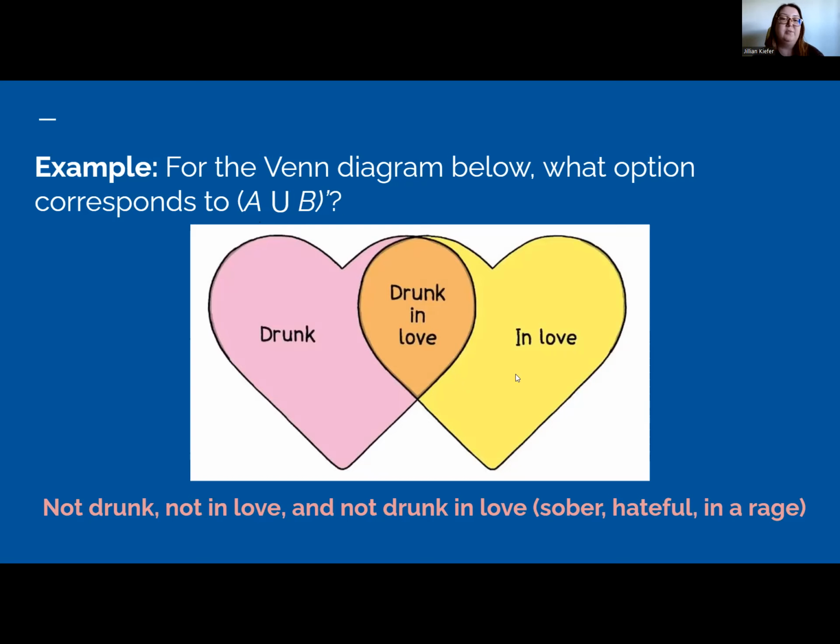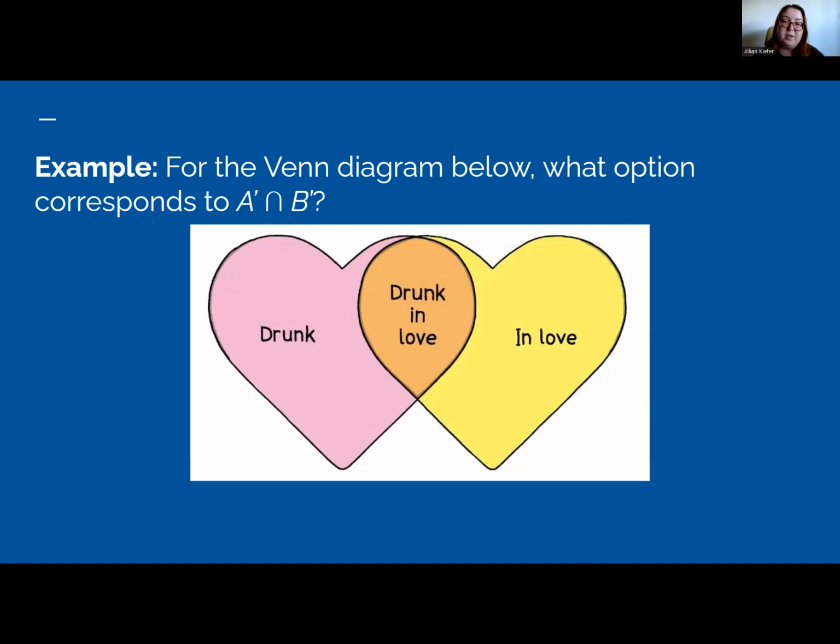So we can piece that out ourselves. What if we go over to A complement intersects B complement? This is an example of De Morgan's law. Our last example was A union B complement, and De Morgan's law tells us this answer should be the same.